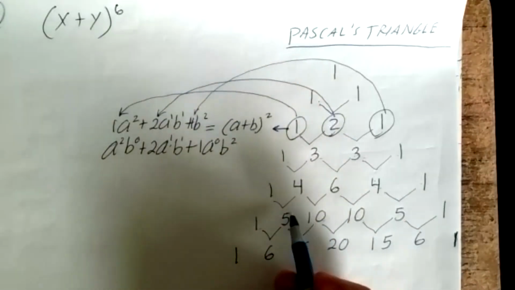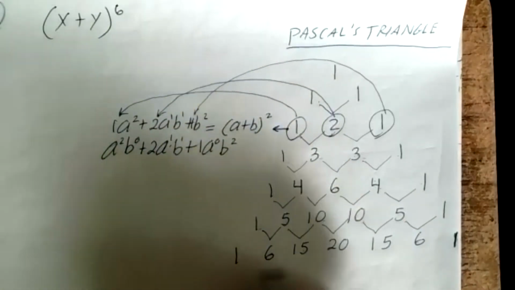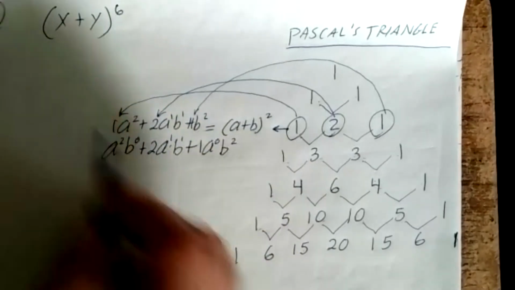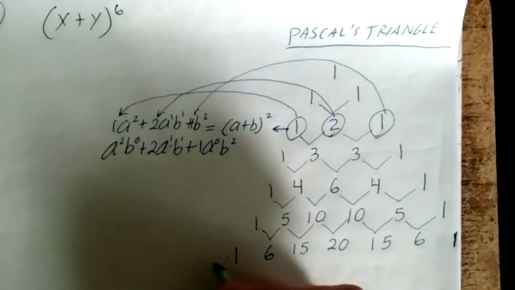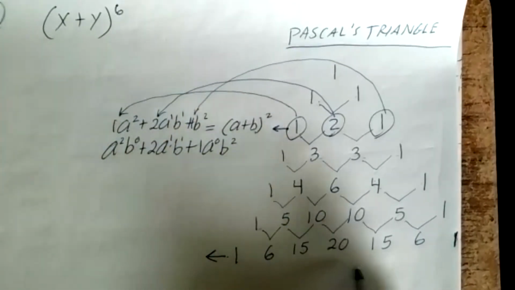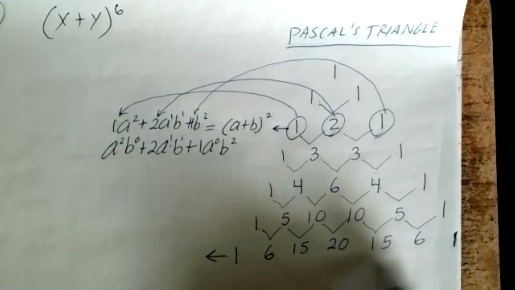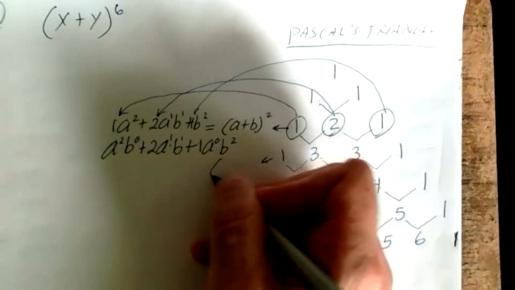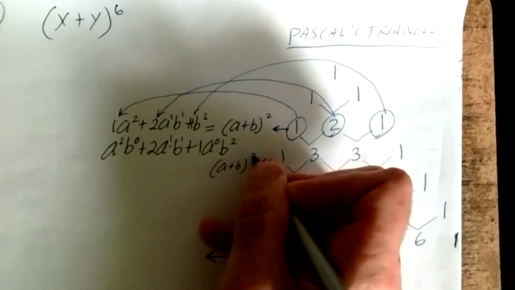So if I was to take our polynomial, which is x plus y, and raise it to the 6th power, this row is going to give us the coefficients of that expansion. This row gives you the coefficients of a binomial raised to the 3rd power.